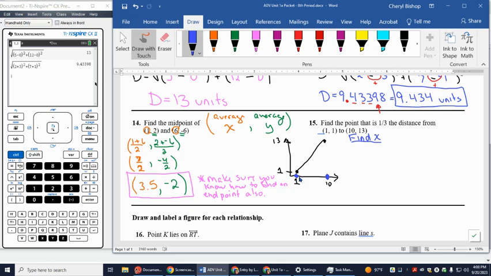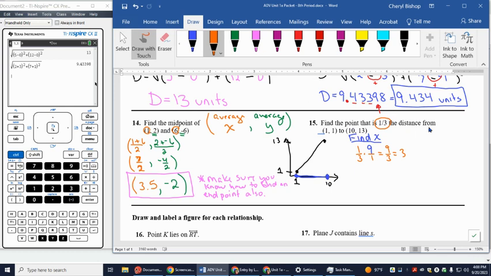How far is it from one x to the other x? If I'm at 1 and then 10, how far is that? 9. And then I want to find 1/3 of that. 1/3 of 9 is 9 over 3, which is 3.